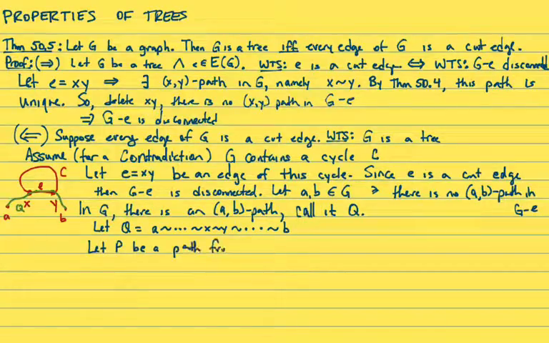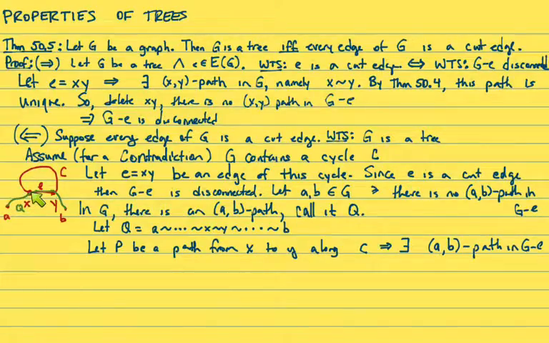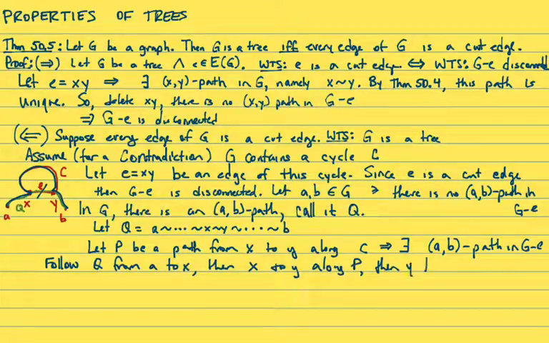And let's let P be the path from X to Y along the cycle C, that is, starts here and goes around this way and ends up at Y. Now, because I can follow from A up to X and then around P and then from Y all the way to B, even when I remove E, that means there is an AB path in G minus E. If I follow Q from A to X, then X to Y along P, and then Y to B along Q, then there is a path from A to B in G minus E. But we just said that there is no path in G minus E, and so we have a contradiction, which means G must be acyclic.